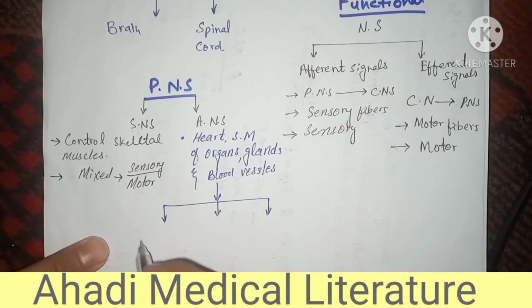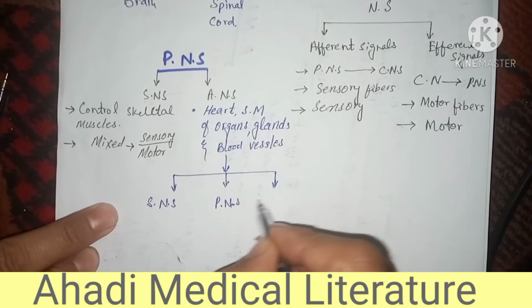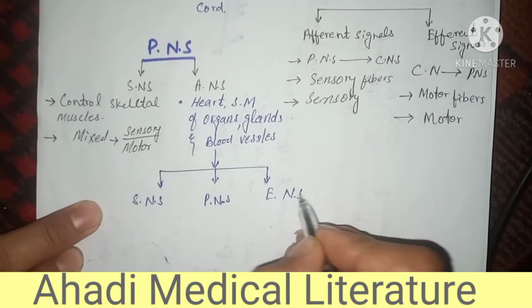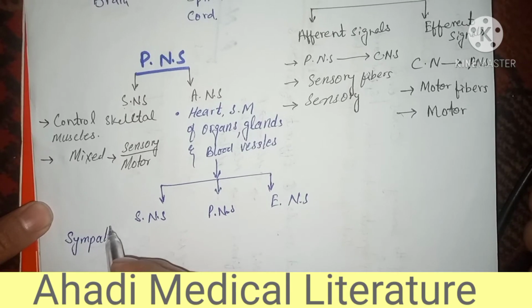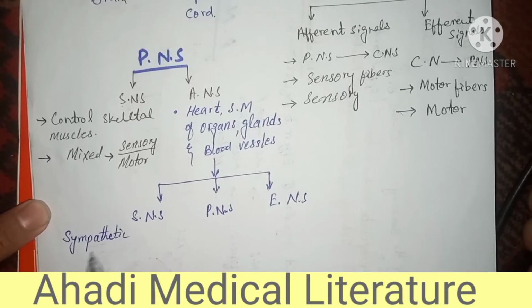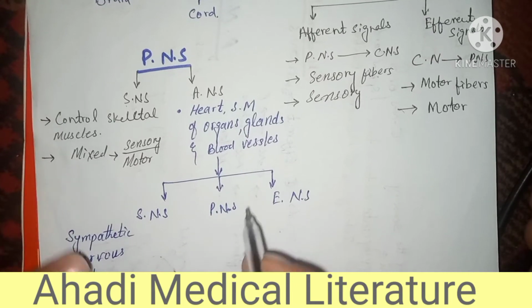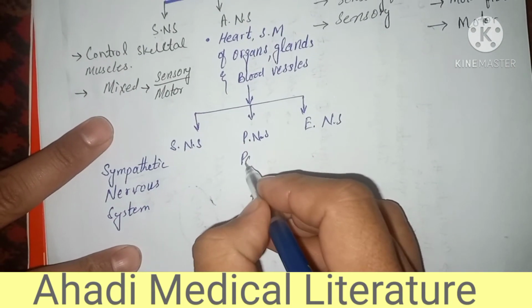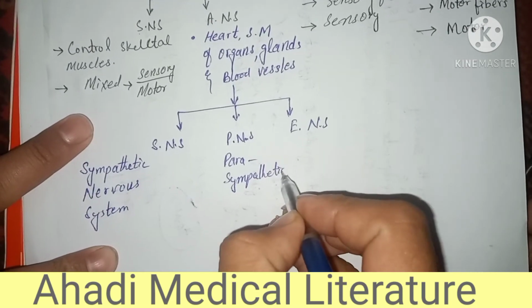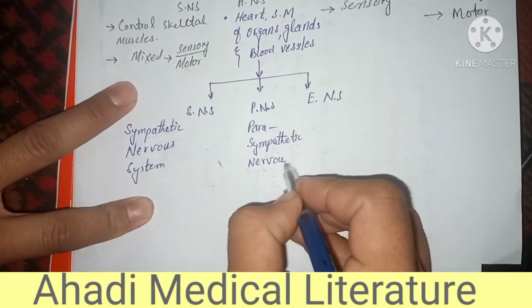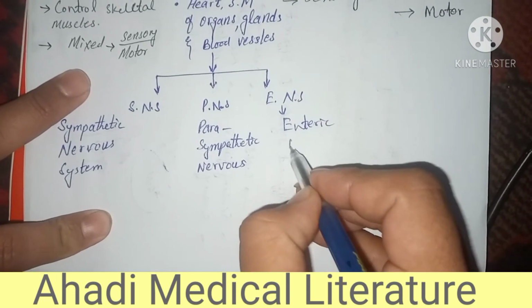The first is SNS, the second is PNS, the third is ENS: sympathetic nervous system, parasympathetic nervous system, enteric nervous system.